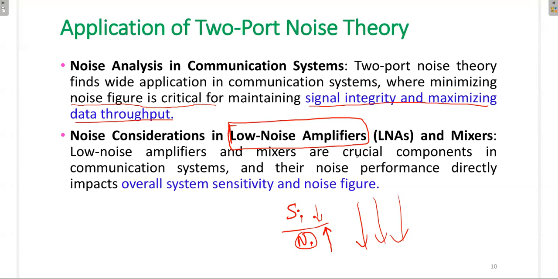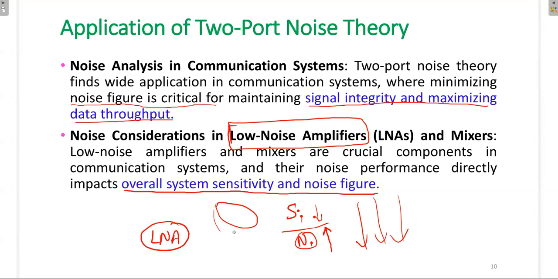Low noise amplifiers and mixers are crucial components in communication system, and their noise performance directly impacts the overall system sensitivity and noise figure. So we will use LNA where our signal level is very, very low. Say, for example, we try to receive a signal from the dish antenna. Then we will use LNA, low noise amplifier, because the signal coming from the satellite will be of very, very weak power, in terms of picowatt.